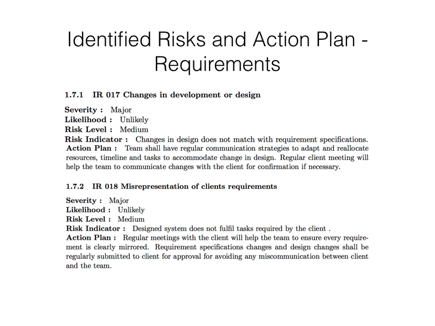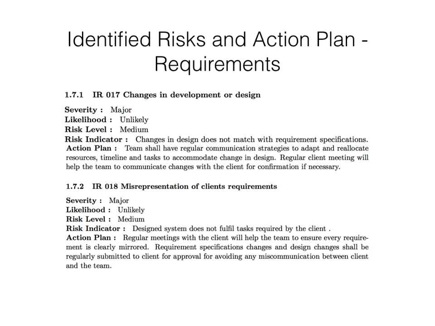The second one in this category is misrepresentation of clients' requirements. This is one of the major severity risks, although it's unlikely to happen. The risk indicator is that the design system will not fulfill or only partially fulfill the requirements specified by the client.